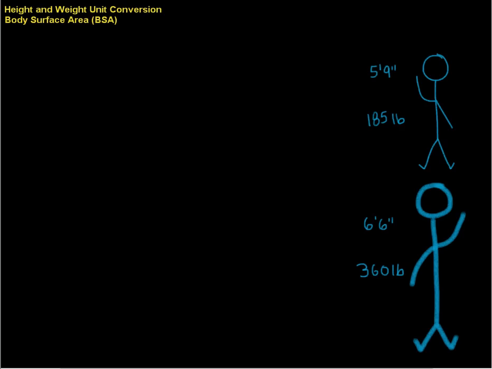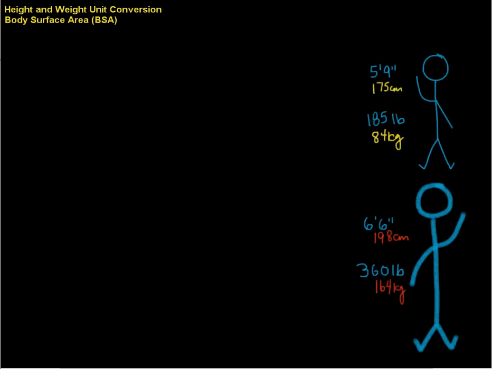Just to jot these down one more time, 5'9" is 175 centimeters, 185 pounds is 84 kilograms, and in our second person, 6'6" is 198 centimeters, and 360 pounds is 164 kilograms.